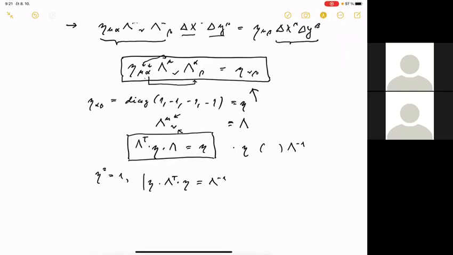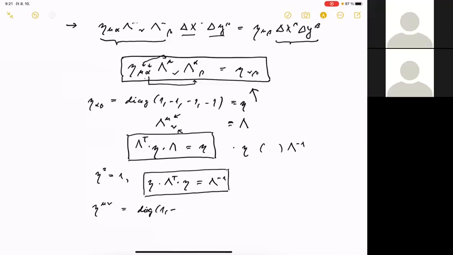So this is a very useful formula for the inverse matrix, and we can interpret this also in indices. We can introduce also the η with indices μν as upper indices, again as diagonal matrix (1, -1, -1, -1).